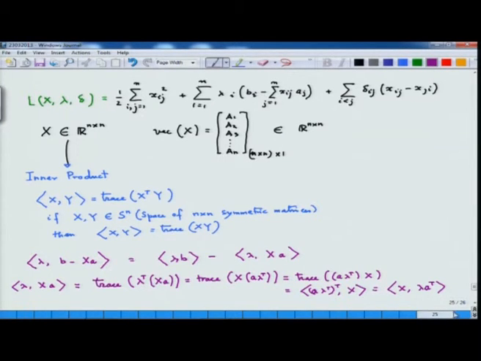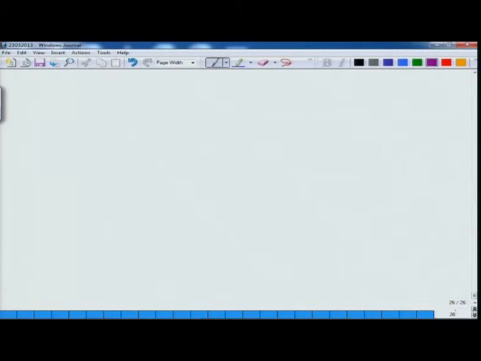So here comes the nice equation: lambda times X of A is equal to X times lambda of A transpose. This is the inner product in Rn, and this is the inner product in Rn cross n, but there is an interesting relation. That is the beauty of mathematics.